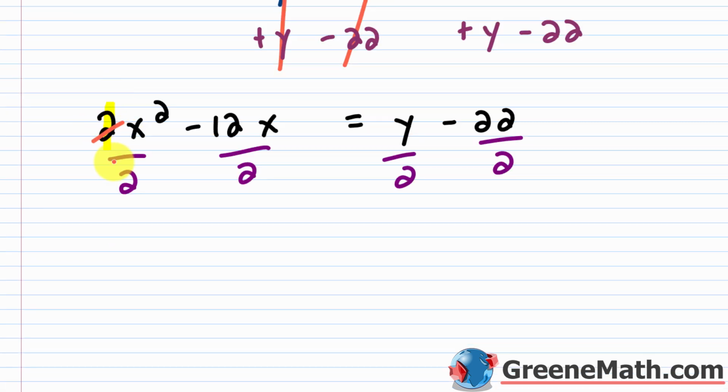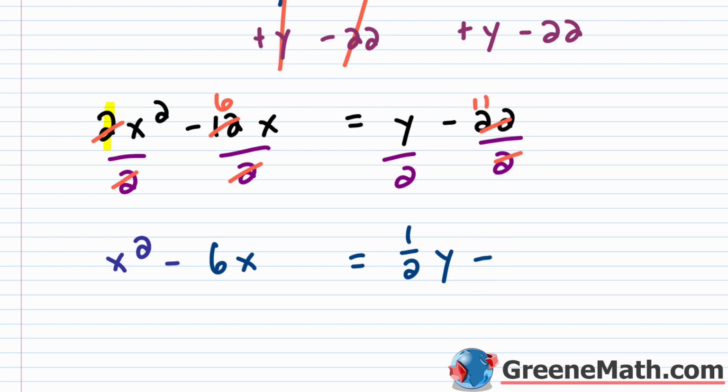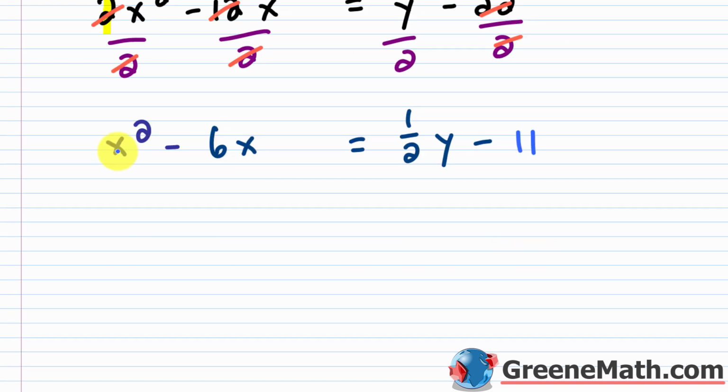So 2 over 2 is 1, so this would be x squared. And then minus, 12 over 2 is 6, so this would be 6x. And then this equals, over here you have y over 2, let's just write 1/2 y. And then you have minus, this 22 over 2 is going to be 11. So let's put 11 right there. All right, so now we have x squared minus 6x is equal to 1/2 y minus 11.